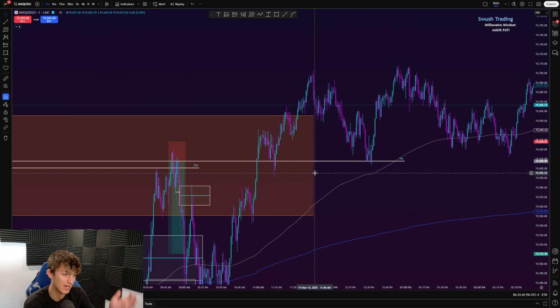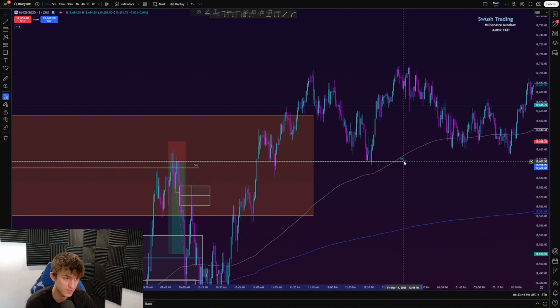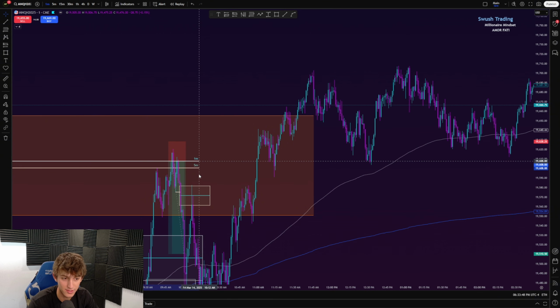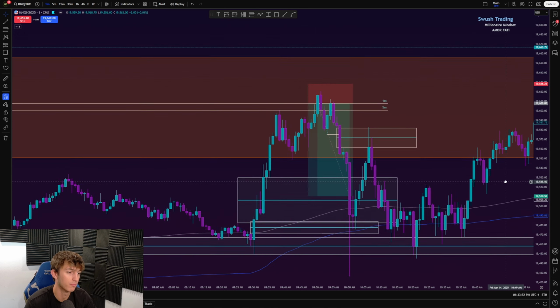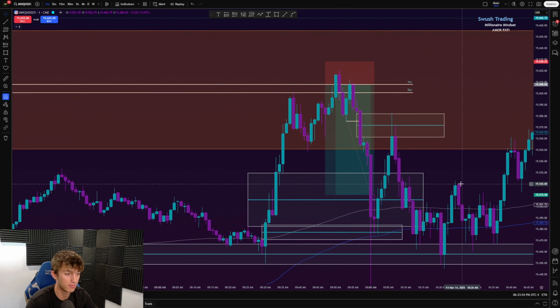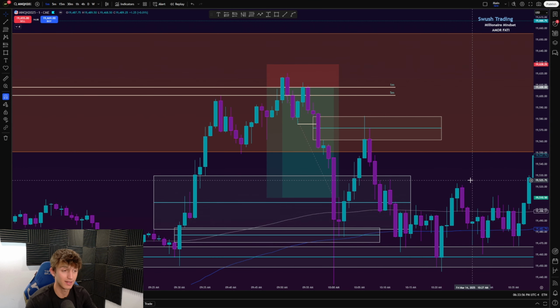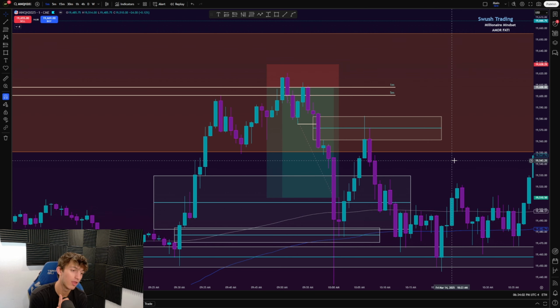So yeah, you guys know this already. I love fair value gaps. I love my strategy for a reason, because it works. And it's made me a lot of money to this point. If you're not trading this style, you really should. And if you're a beginner trader, I am telling you, this is the best style of trading and it is the best strategy, a true strategy that I genuinely think you should be learning.